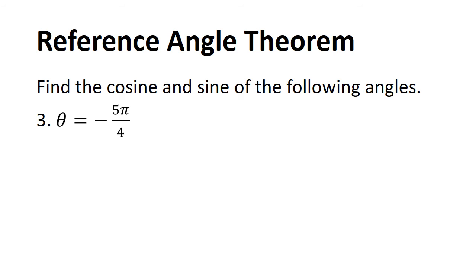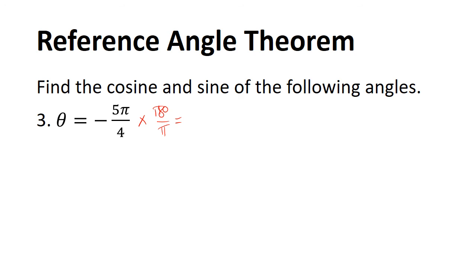Number 3. So, the angle is negative 5 pi over 4, or if you convert that to degrees, we get, ilan ba yan? That is 225.